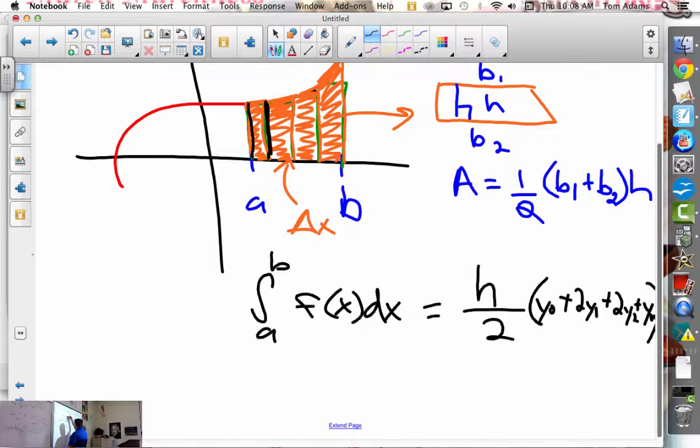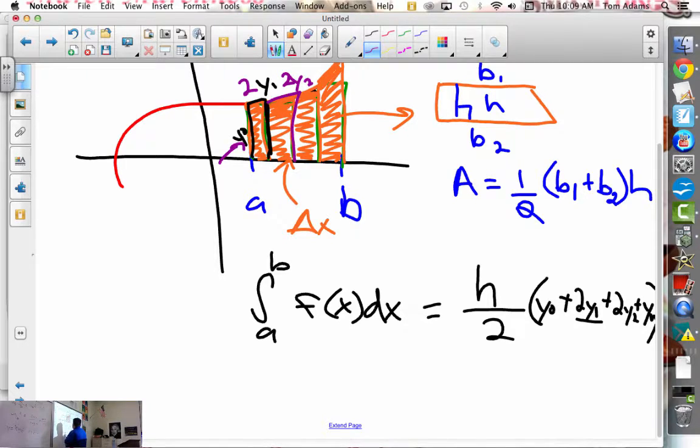Okay? So this would be y sub 0, and this would be y sub 1. And so I have to count y sub 1 twice because it's on this trapezoid, but then it's also on this trapezoid, right? And so then I need to list that twice, and then the same with y sub 2. I need to list that twice.